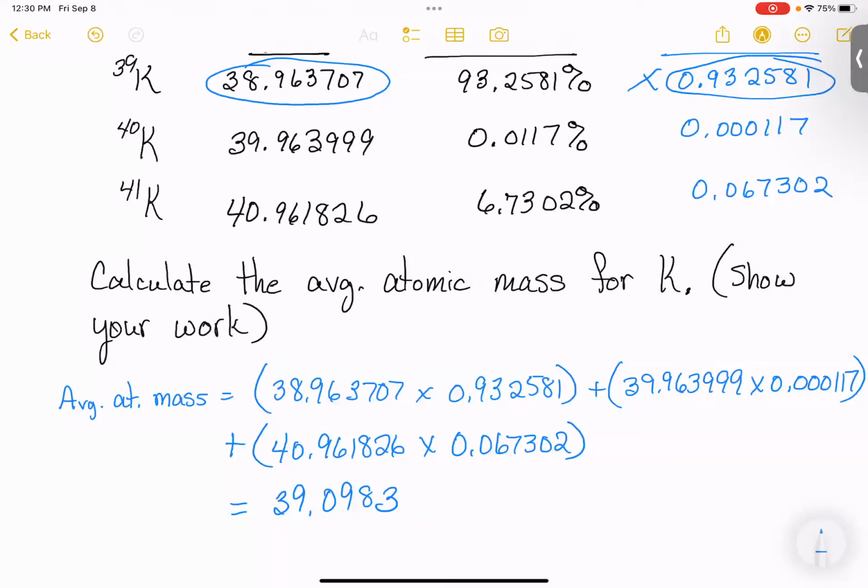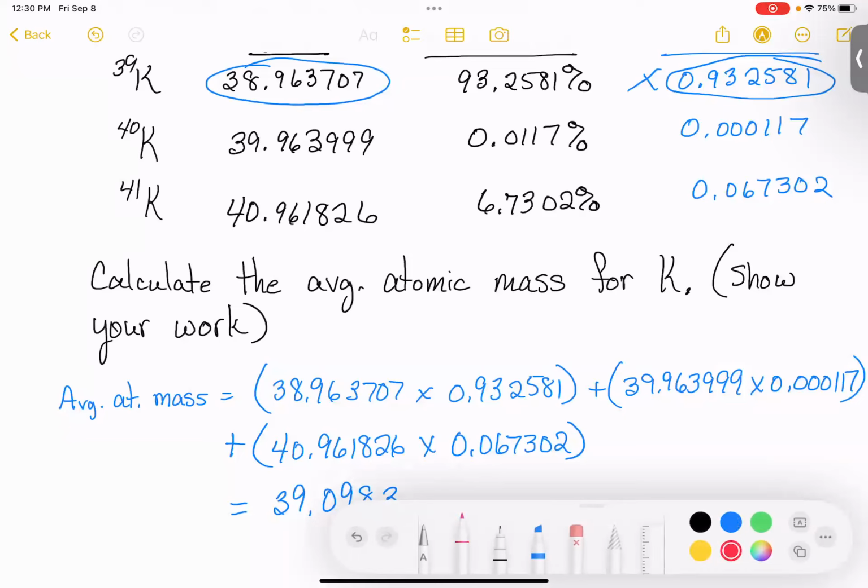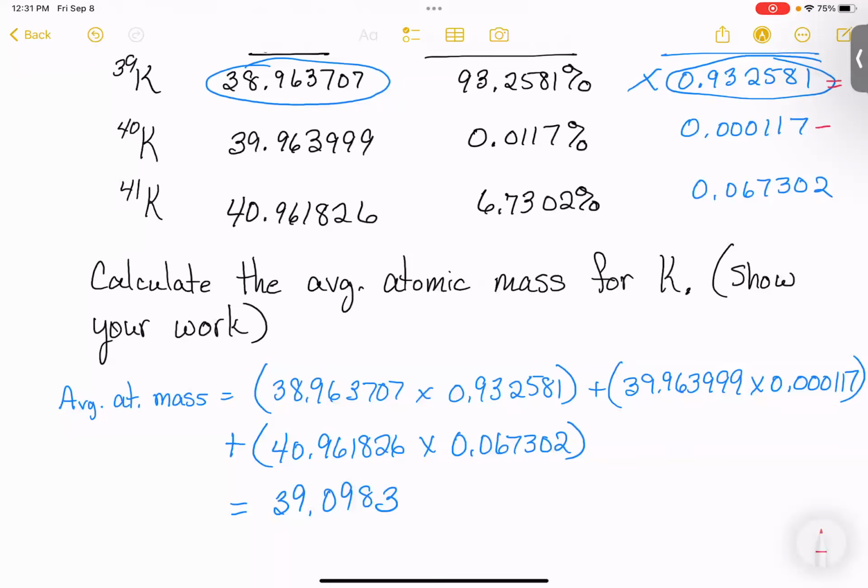You do not have to key it all in at once, you can just multiply through each line, by the way, folks. Up here, I didn't leave myself enough space, but I could have gotten an answer for this first piece, and then an answer for the second one, and an answer for the third one, and then ultimately added those together, if you don't feel comfortable just keying it all in.